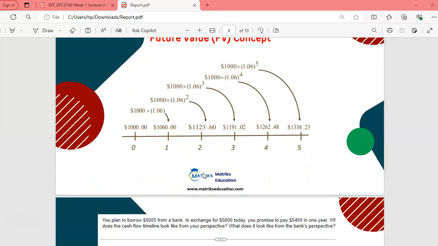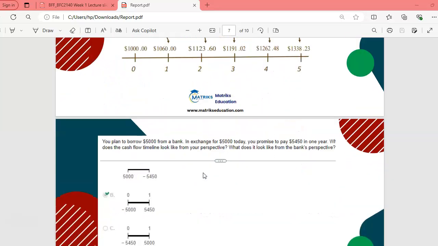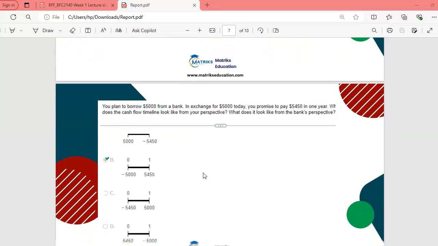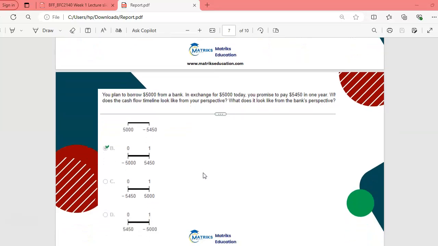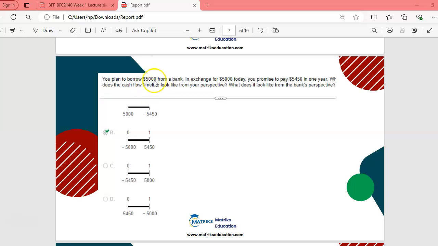Okay, that's it. Now we will look at the last concept of future value. Suppose that you plan to borrow $5,000 from a bank. In exchange for $5,000 today, you promise to pay $5,450 in 1 year. What does the cash flow timeline look like from your perspective and from the bank's perspective?